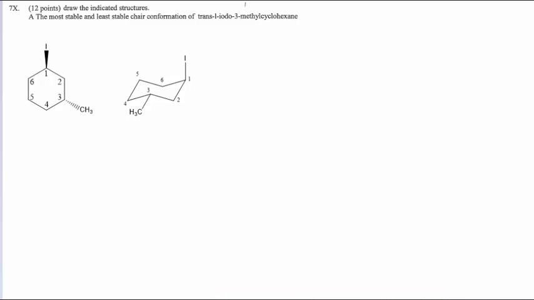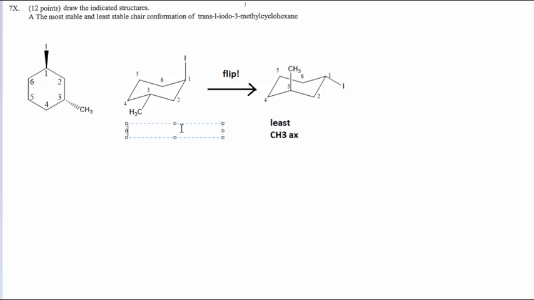When you do the chair flip, it will look like this. Once again, when you're doing the stability, you have an iodine axial versus a methyl axial. The methyl axial is less stable, because remember, methyl groups are bulkier than halides. So this will be the most stable, the other one will be the least stable.